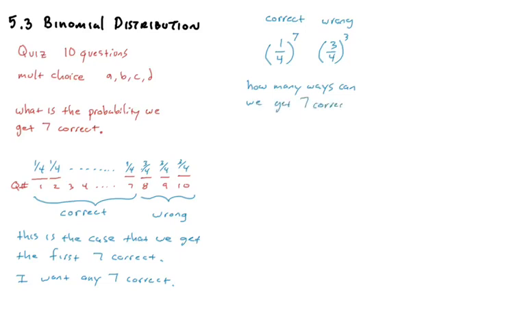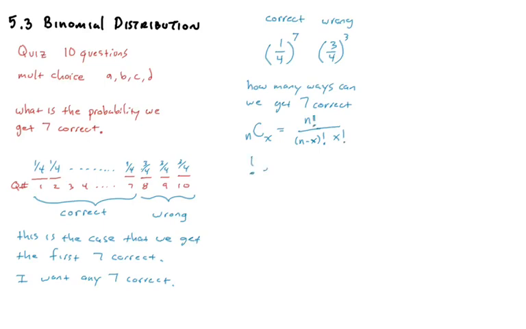In order to talk about that, we're going to need to introduce combinations. Sometimes it's called n choose x, or n combination x. It's equal to n factorial divided by n minus x factorial times x factorial, all in the denominator.